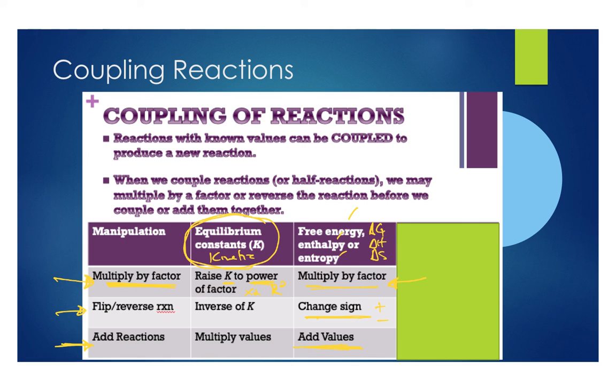If we reverse the reaction, then we take 1 over K. And last but not least, when we add the reactions together, we multiply the K values. So mathematically, we deal with kinetics and equilibrium constants differently than we deal with thermodynamic values like delta G, delta H, delta S.